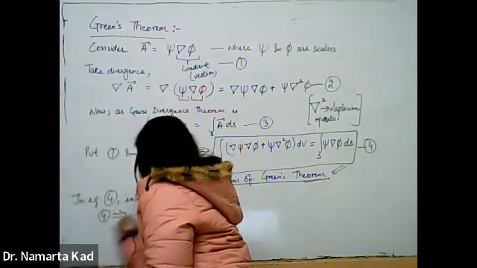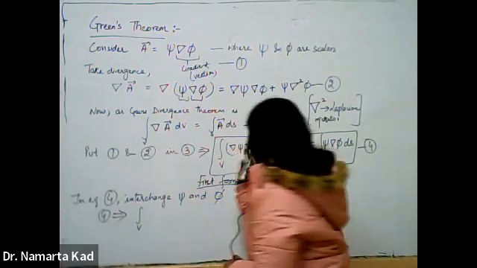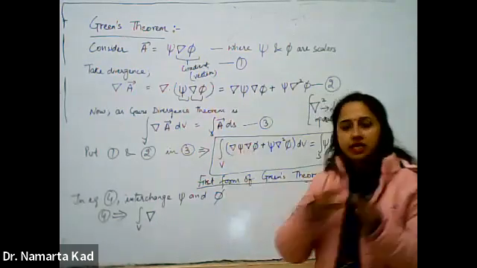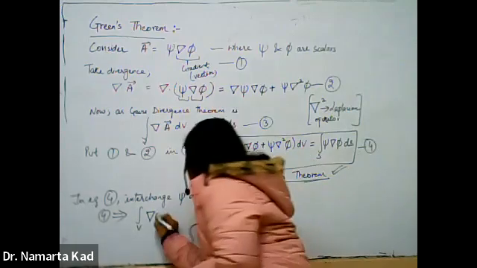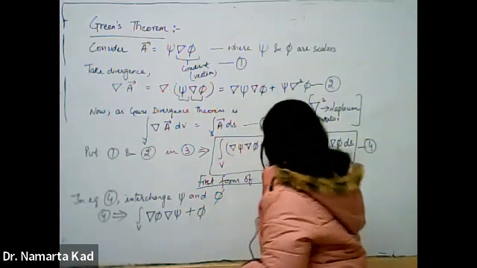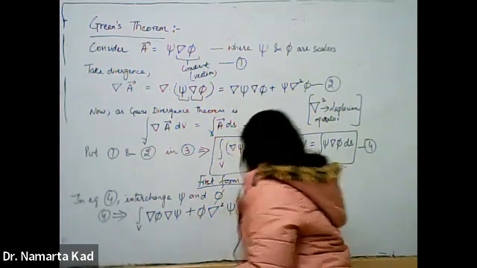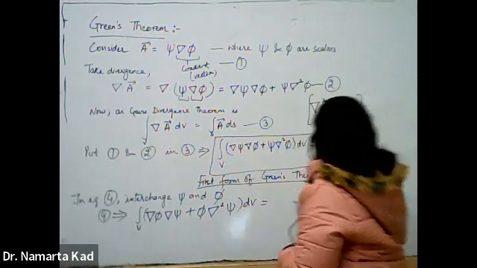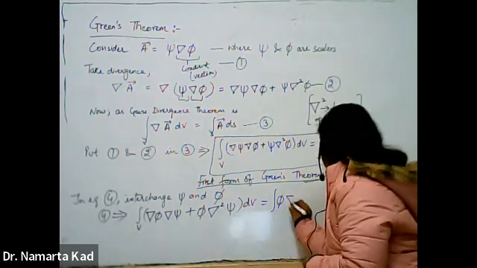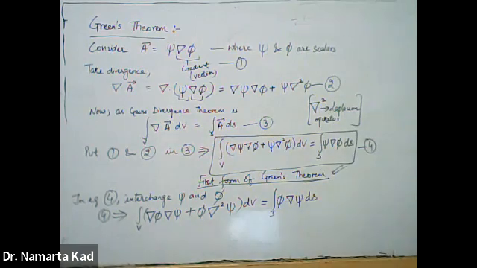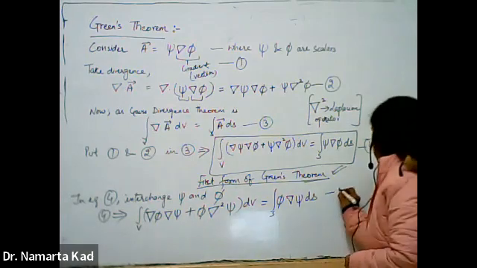So equation number 4 can again be written as the volume integral of del phi del psi plus phi del square psi dV, and it is equal to the surface integral of phi del psi dS, after interchanging the positions of psi and phi. Mark it as equation number 5.